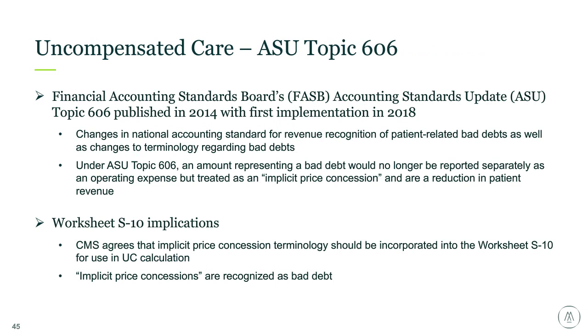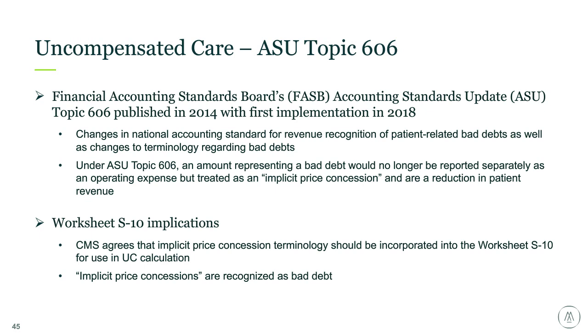Another item from the rule that impacts S10 reporting, where we've received some clarification, is the topic of implicit price concessions as it relates to the accounting standards update, topic 606. Based on the FASB update under topic 606, an amount representing a bad debt would no longer be reported separately as an operating expense, but treated as an implicit price concession and as a reduction in patient revenue.